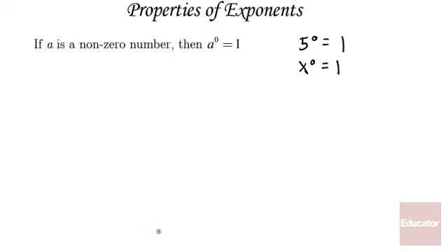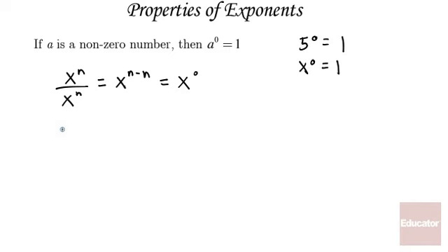Now, why is this? Well, think about it this way. If I have x raised to any number n, where n is an integer, and I have that same thing, and I'm dividing, according to the rule we just learned a bit earlier, I would approach this by saying x to the n minus n. So I would subtract the exponents because this has the same base. And what that's going to give me is x to the 0.